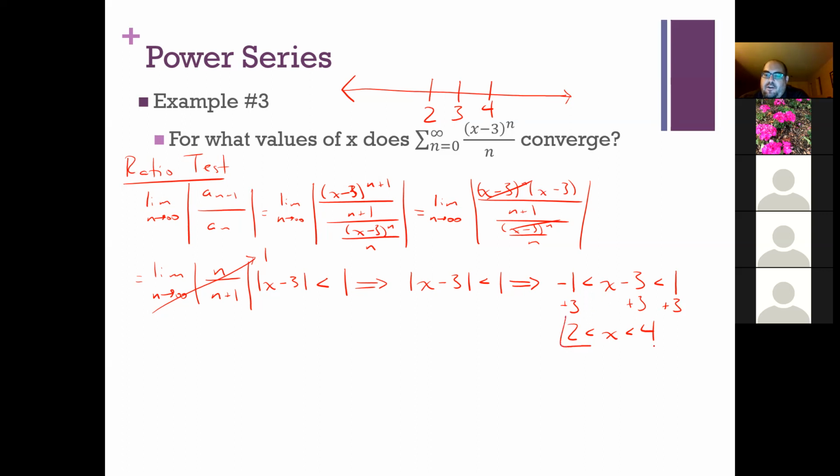So here's what I know so far. When x is between 2 and 4, this power series converges. But remember, what does the ratio test tell you? Like, what do you learn from it if the limit is equal to 1?